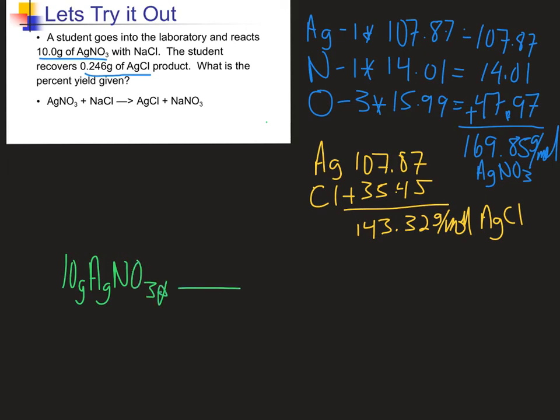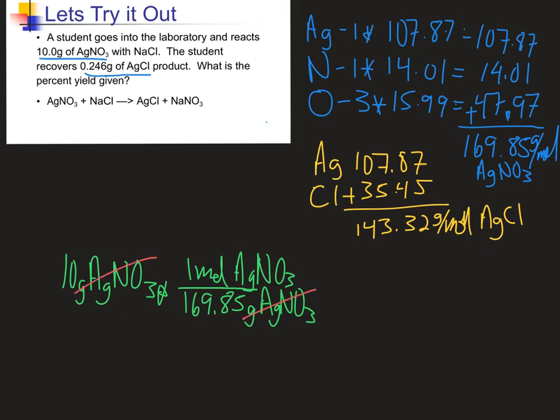I need to convert that to moles utilizing my molar mass that I calculated earlier. Grams, mole. Nitrate there. See that those ratios cancel out to 1.